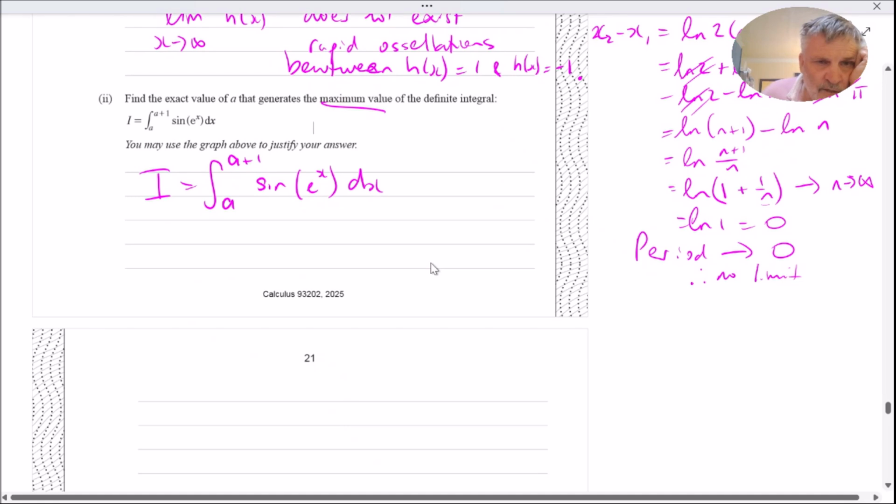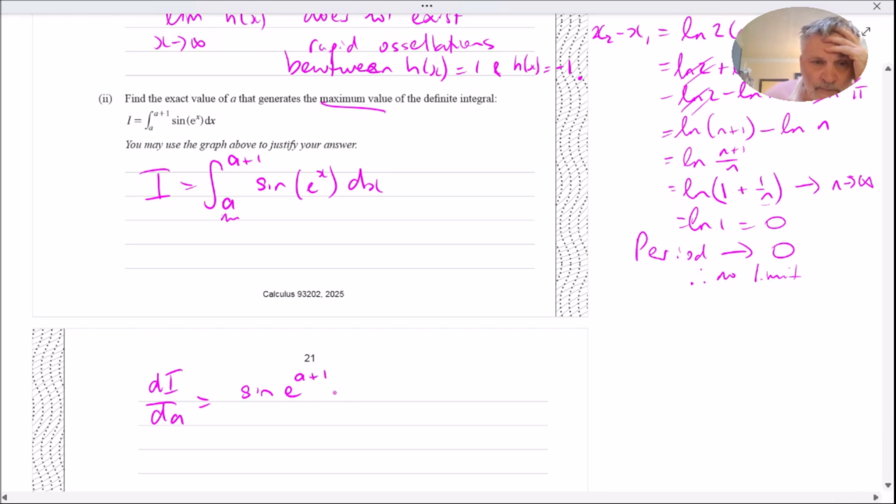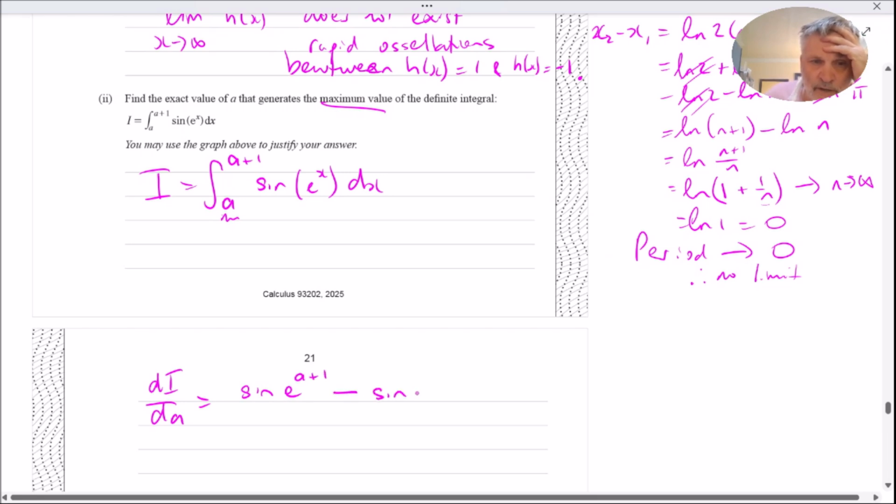And we're differentiating with respect to A as our variable, the maximum value of A. So we can go dI/dA, and what you get is the sine of e evaluated at A plus 1, and then take off the sine of e evaluated at A. And we want to set that to 0.